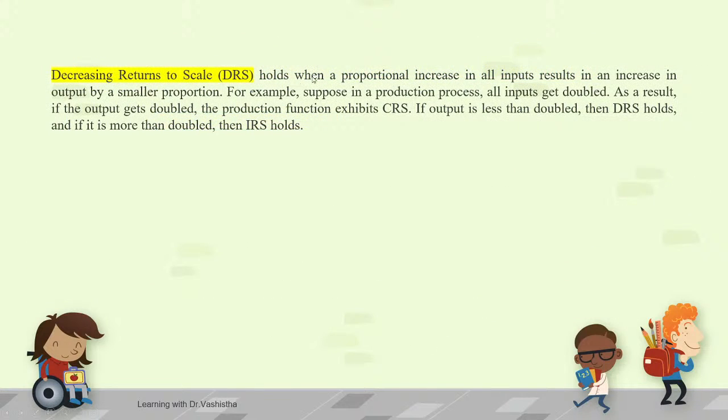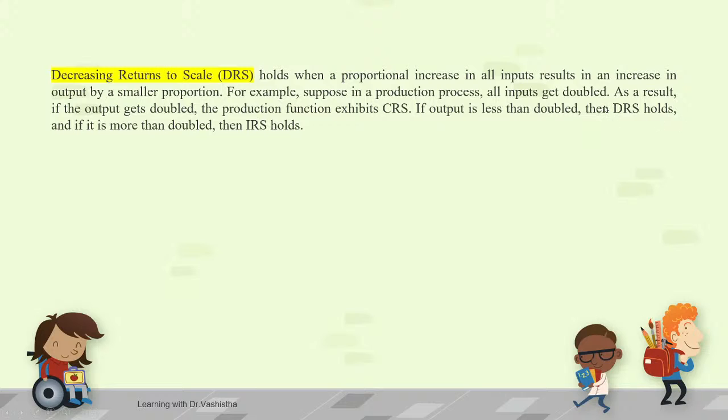So decreasing returns to scale holds when a proportional increase in all the inputs results in an increase in output, but by a smaller proportion. For example, suppose in a production function all inputs get doubled. If output also gets doubled, the production function exhibits CRS, that is constant returns to scale. If output is less than doubled, then DRS holds.